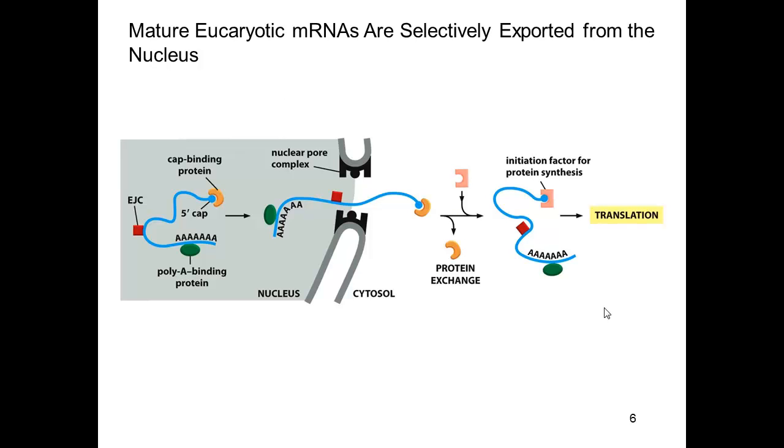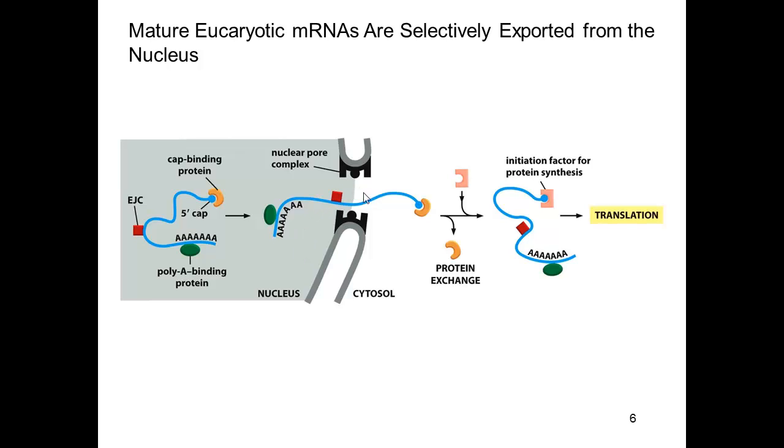Once synthesized and processed in the nucleus, mRNAs need to be transported out into the cytoplasm. In the nucleus, they're bound by the cap binding protein, the polyA binding proteins, and a complex called the exon junction complex. Movement inside the nucleus is partially aided by diffusion.